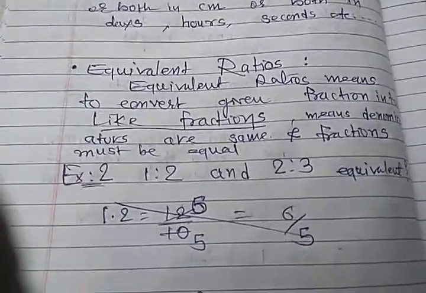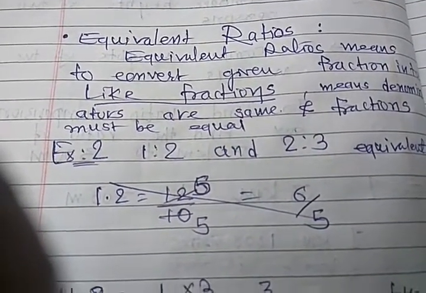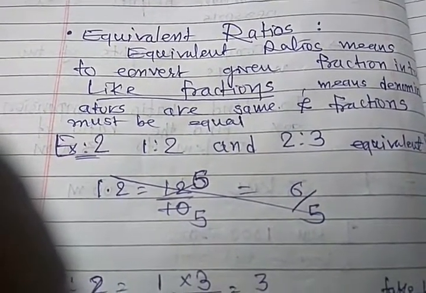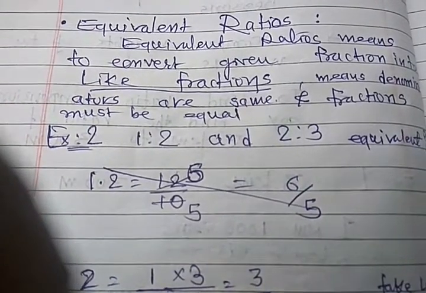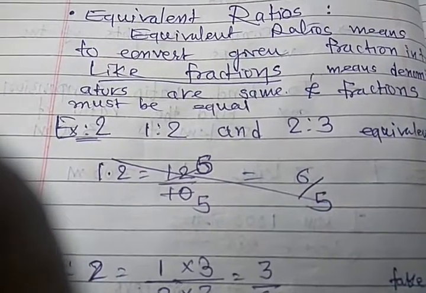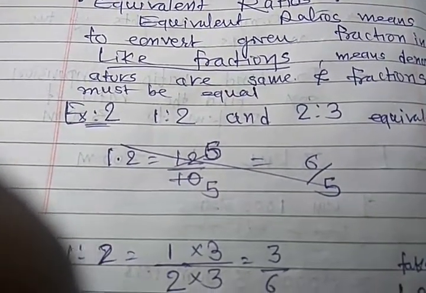Let's start another point, equivalent ratio. Equivalent ratio means to convert the given fraction into like fractions, and those like fractions must be equal.